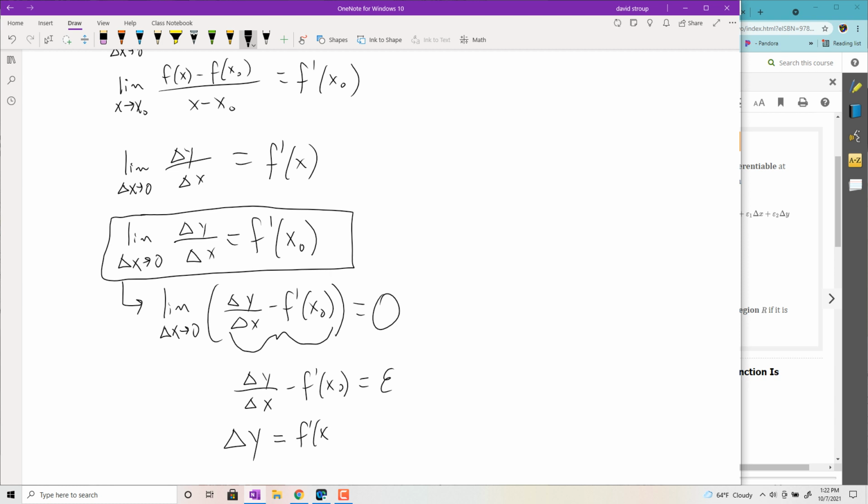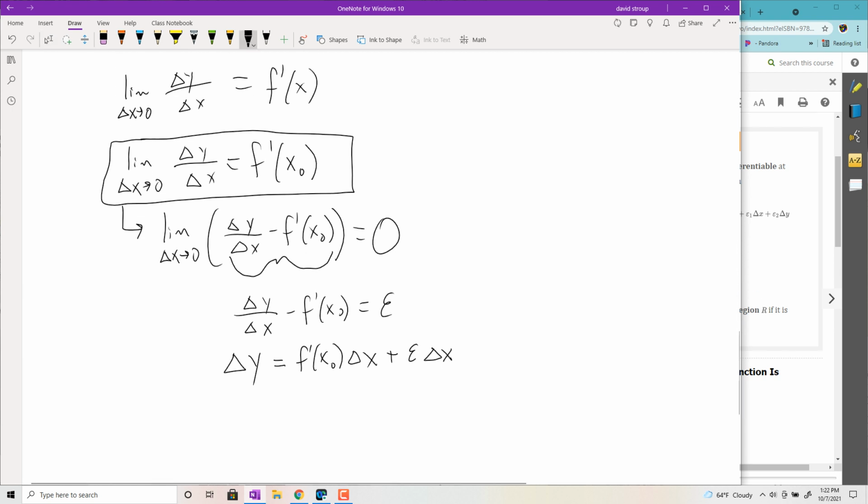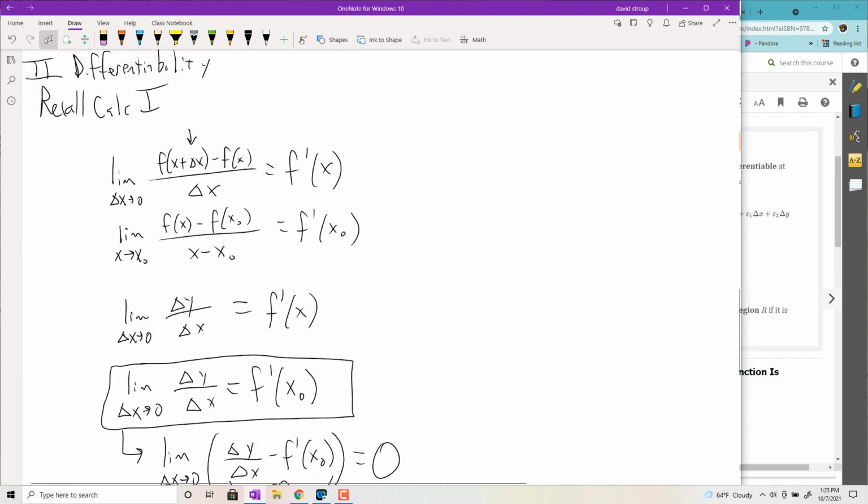Change in y will end up equaling f prime of x sub 0 times change in x, which is basically like a differential, right? And then plus epsilon times change in x. If epsilon goes to 0 as change in x goes to 0, then the original function is differentiable.